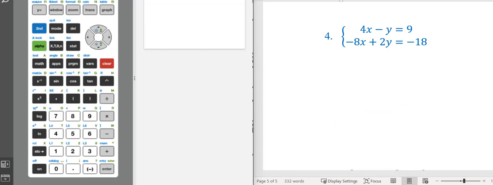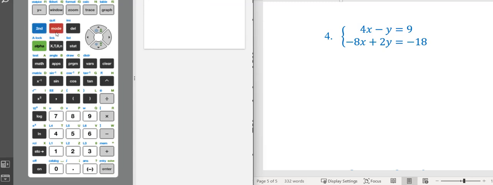All right, number 4. Second matrix, edit. Ooh, I see x's and y's and only 2 equations. So I've got 2 rows, 3 columns. So I have 4, -1, 9, -8, 2, -18.